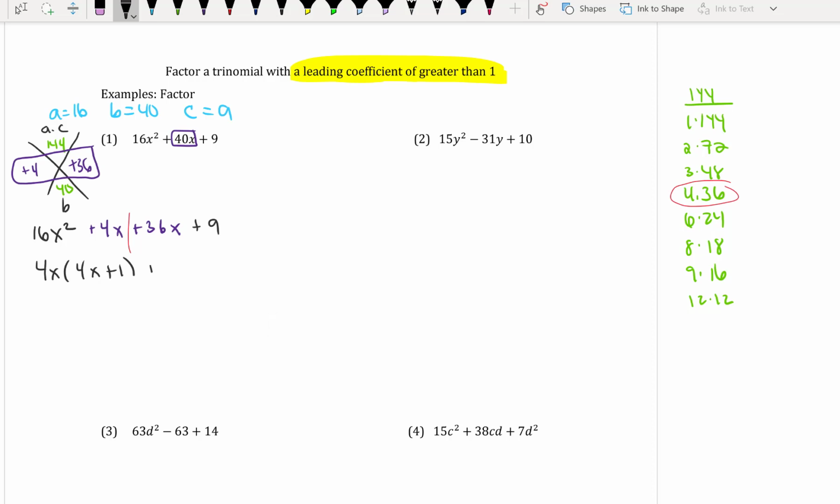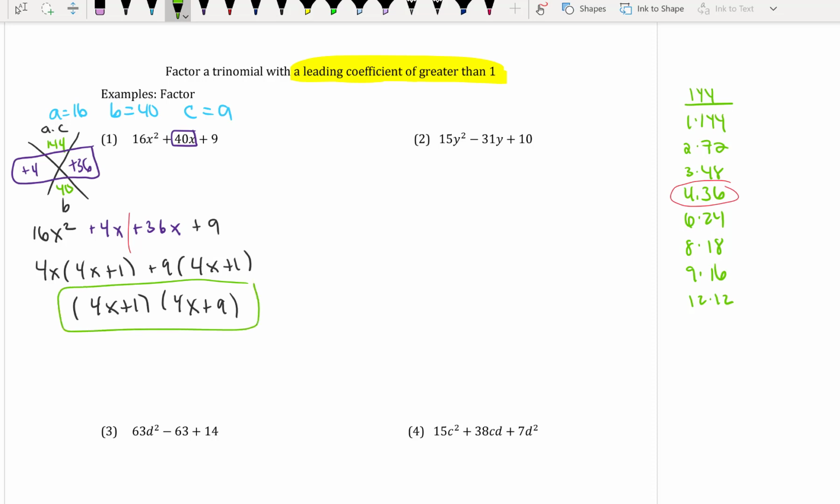The second half has a positive 9 in common, so I'm left with a 4x plus 1. So that common factor is 4x plus 1, and my leftovers are 4x plus 9. That ends up becoming my final answer.